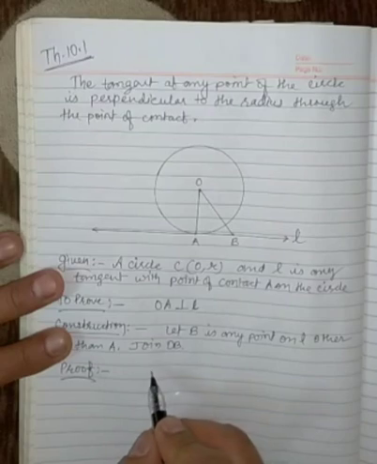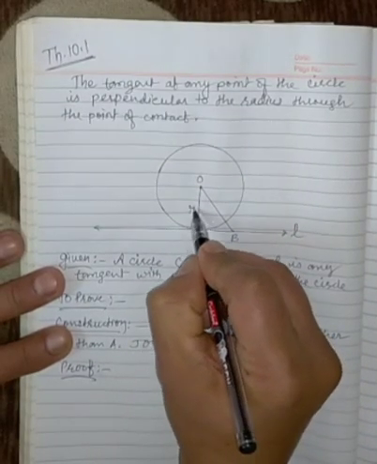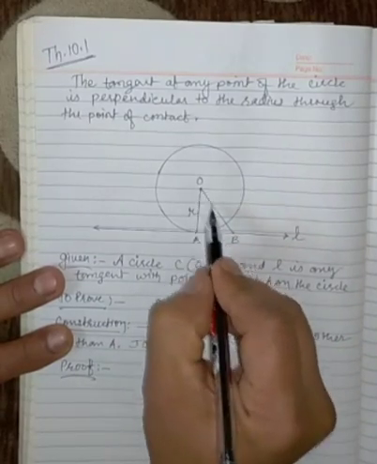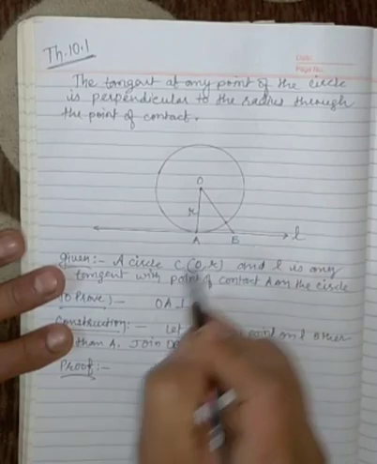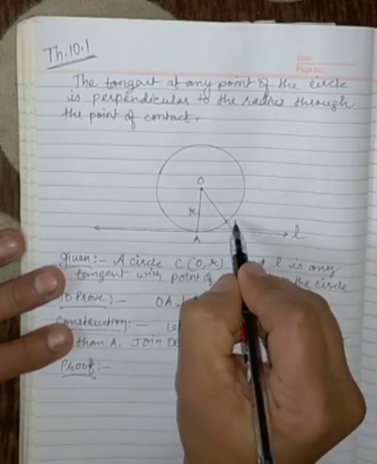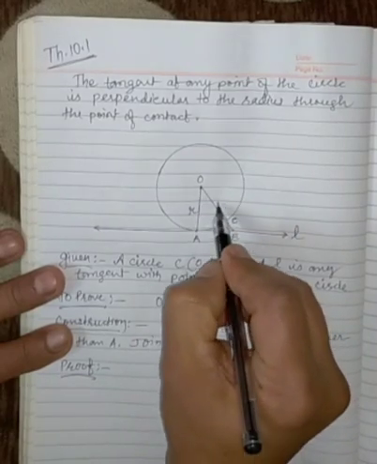So to prove this, as we know that OA is the radius, and here is any point, let me take here C. So OC is also a radius.